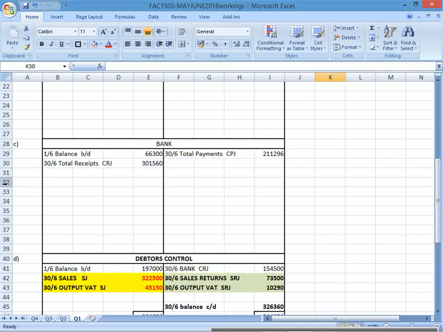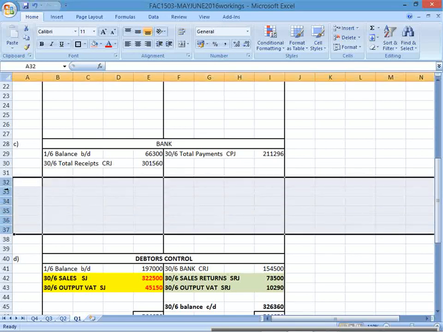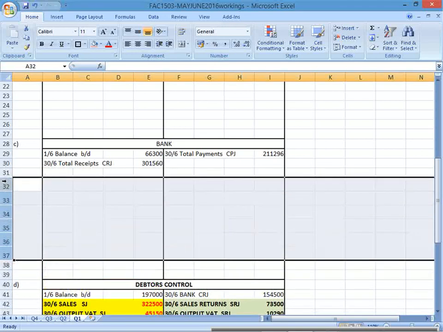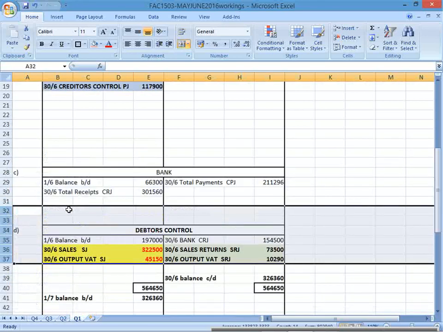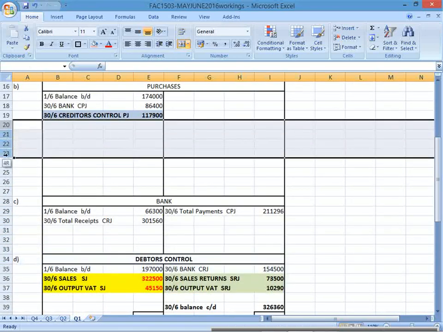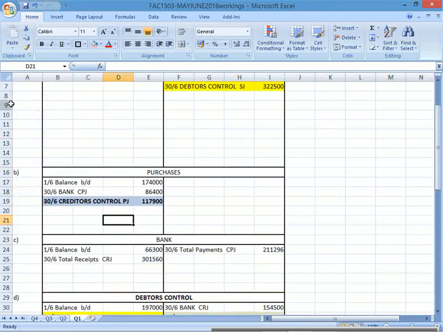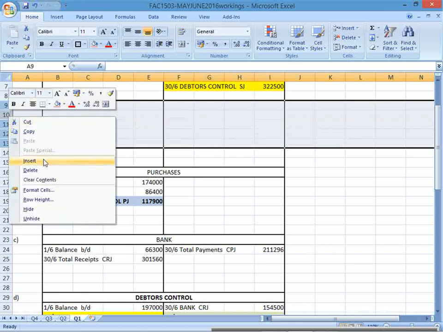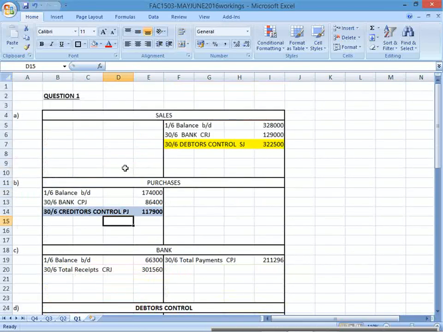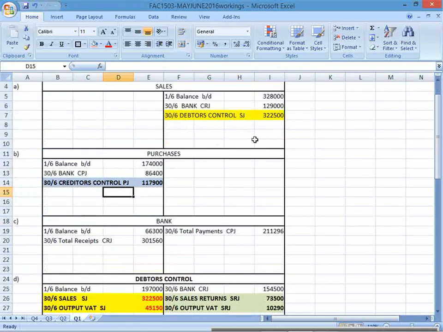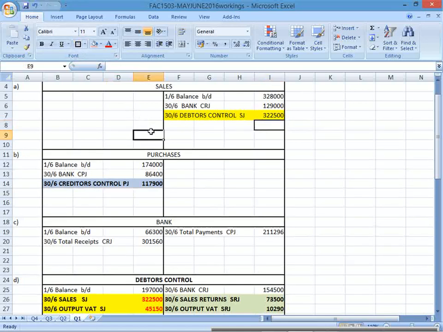Right, last accounts we just need to balance off. These accounts aren't so bad to balance because there's not that much. If I balance this account, you could actually just total up.